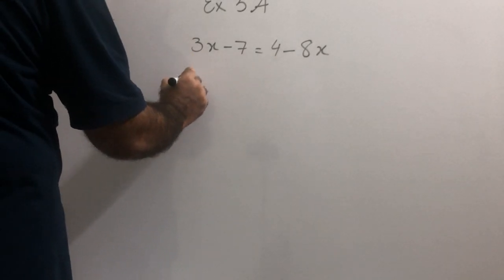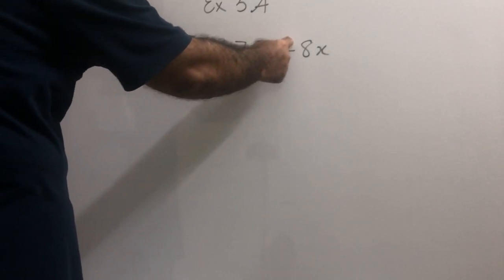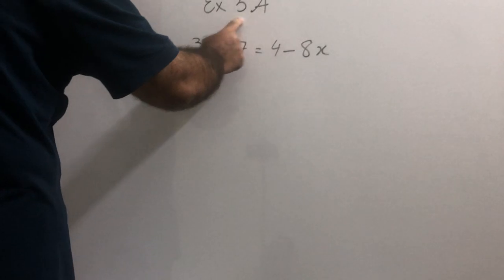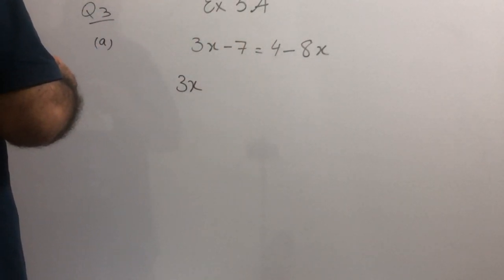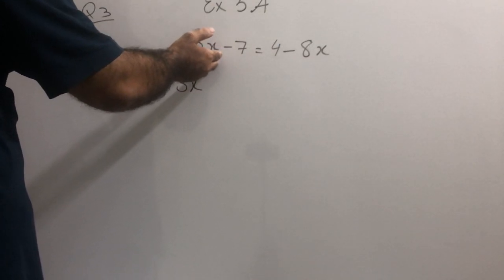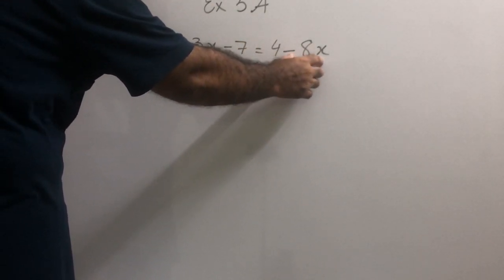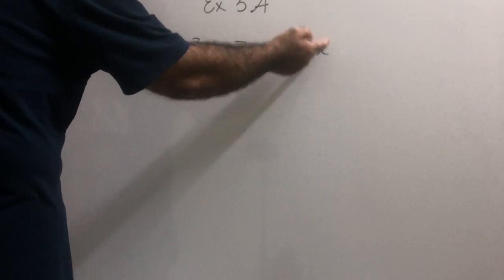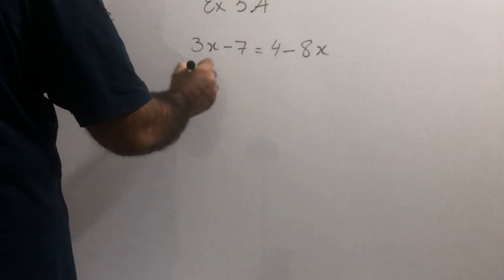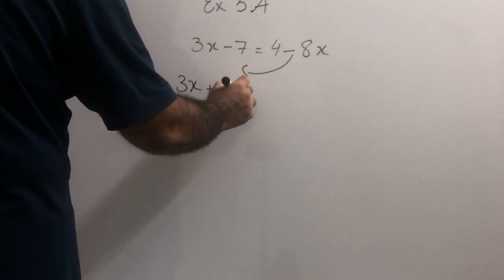If we have 3x here, and if we want to bring this minus 8x to this side of the equation, then when we bring it to the other side of the equation, we do the opposite. If it is being subtracted, then it will be positive, plus 8x. When it comes to this side, it becomes 3x plus 8x.